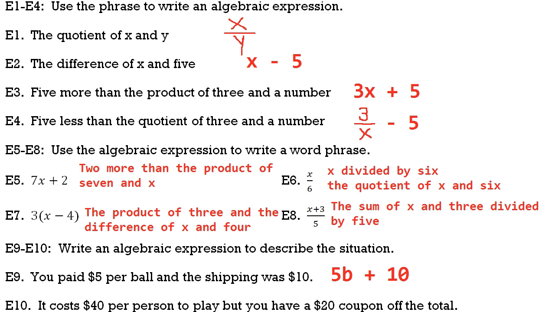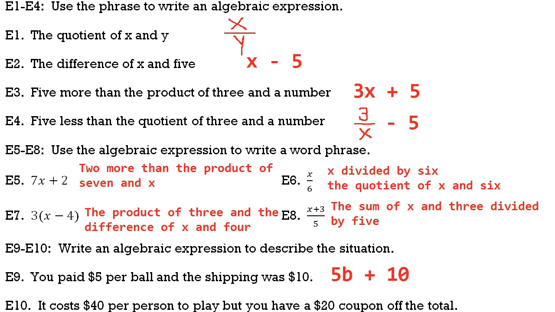Okay, and we'll do that same model for the last example. It's going to cost $40 per person to play. So let's say you're joining a softball league, and every person has to pay $40. So let's say your team has 12 players on it, so 40 times 12, but you have a coupon for $20 off the total.